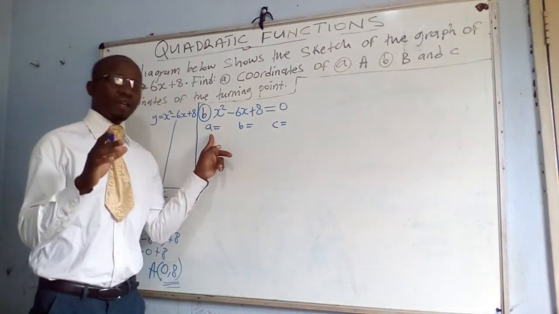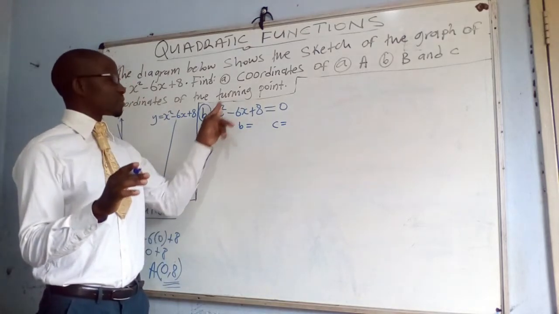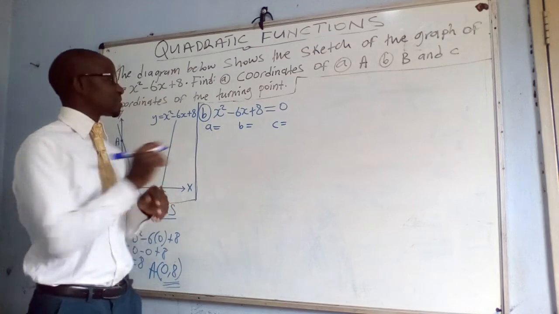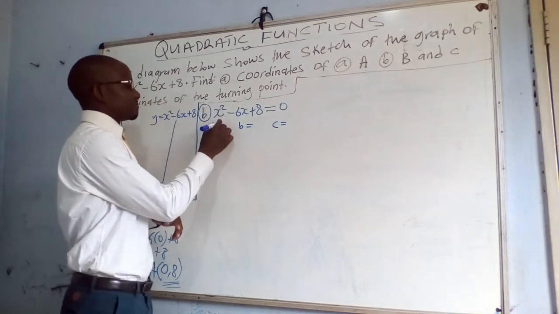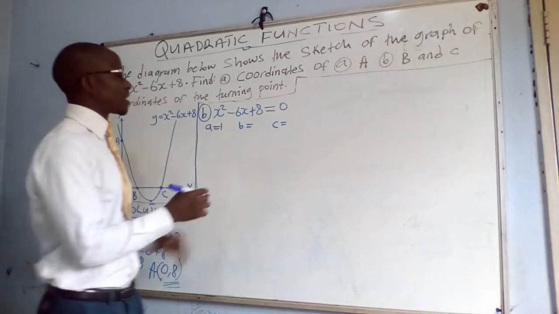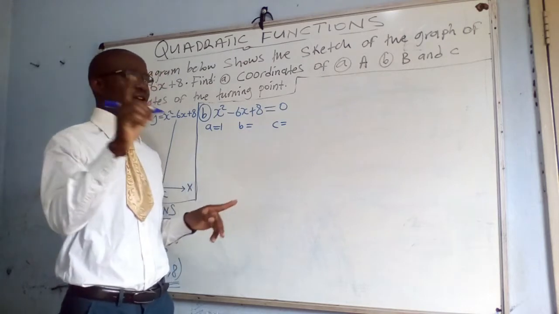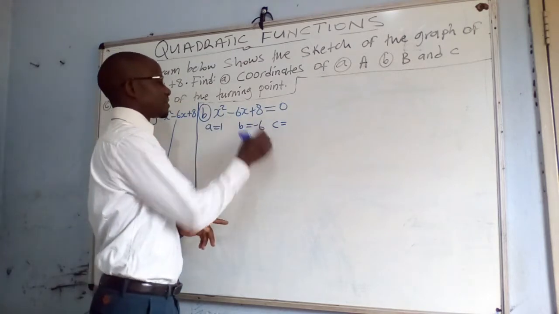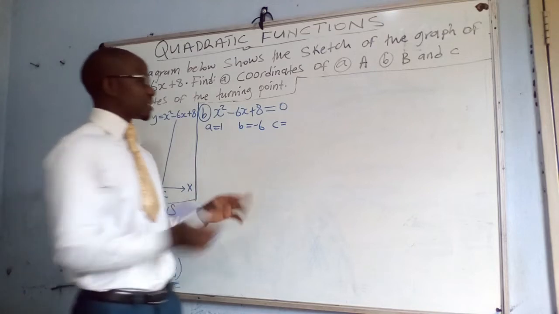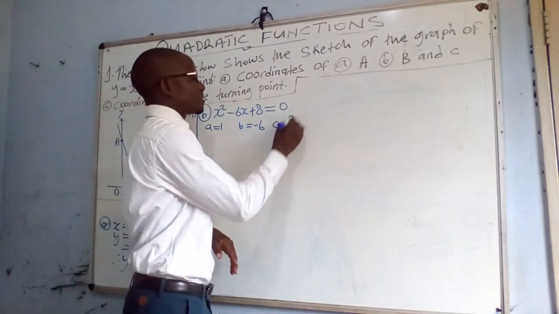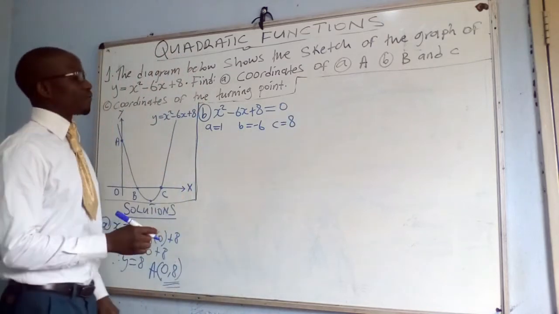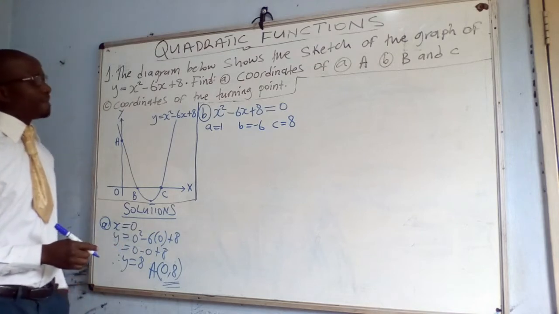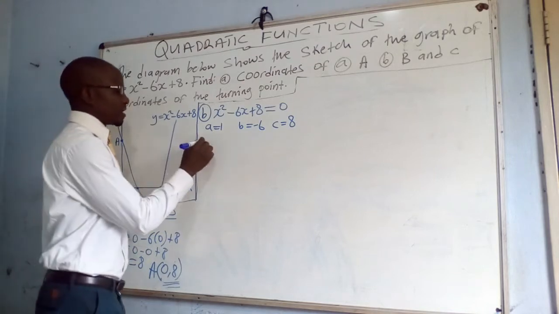From there, identify a, b, c. A is the coefficient of x squared, or the number in front of x squared. In this case, it's 1. B is the coefficient of x to the power 1. In this case, it's negative 6. C is the constant or the number without x. In this case, it's 8. From there, we can now employ the quadratic formula.